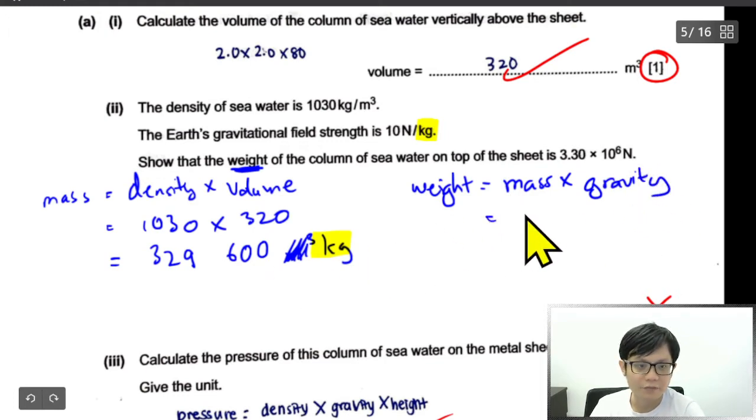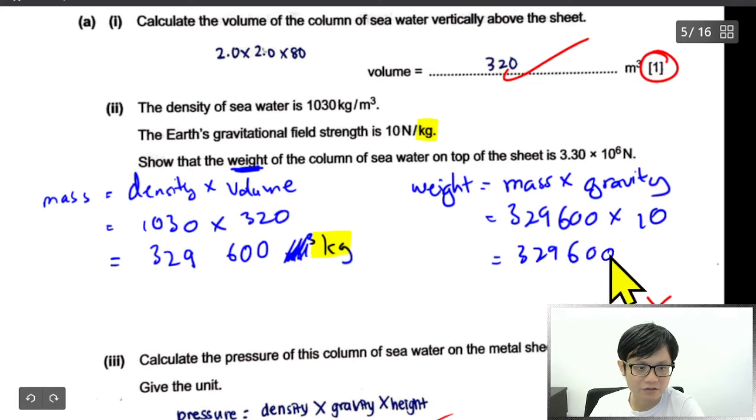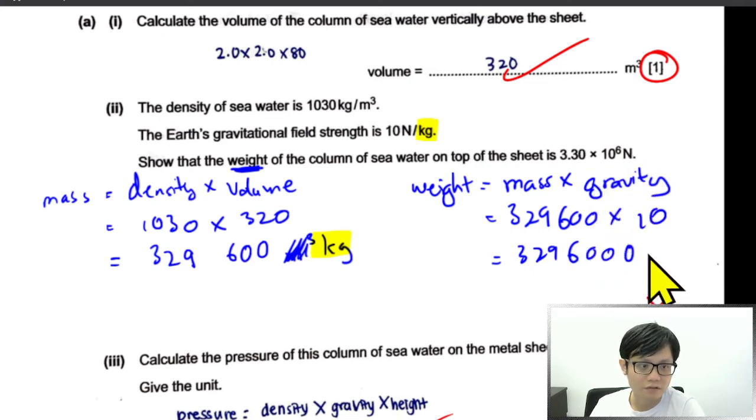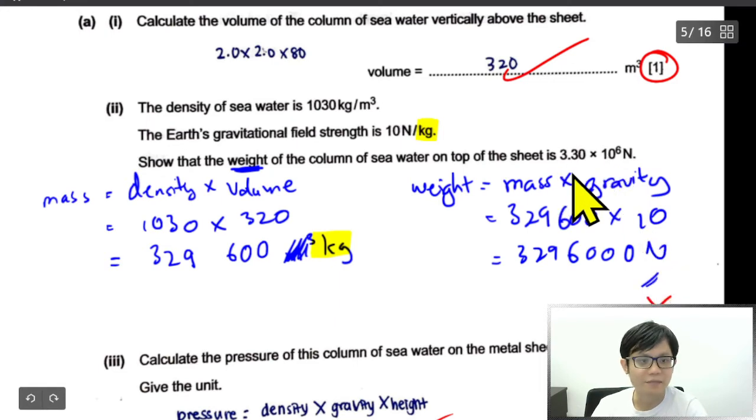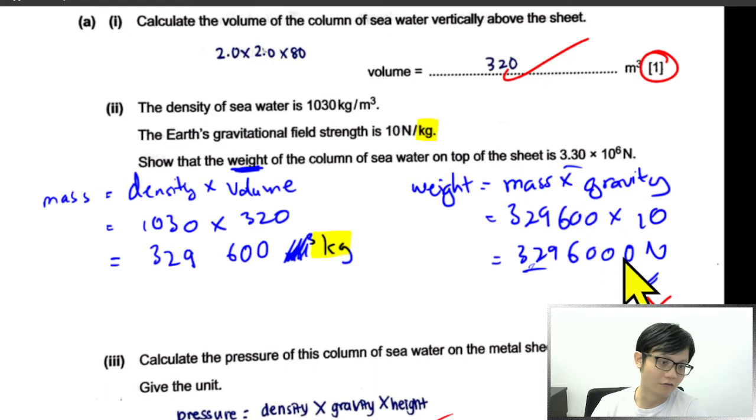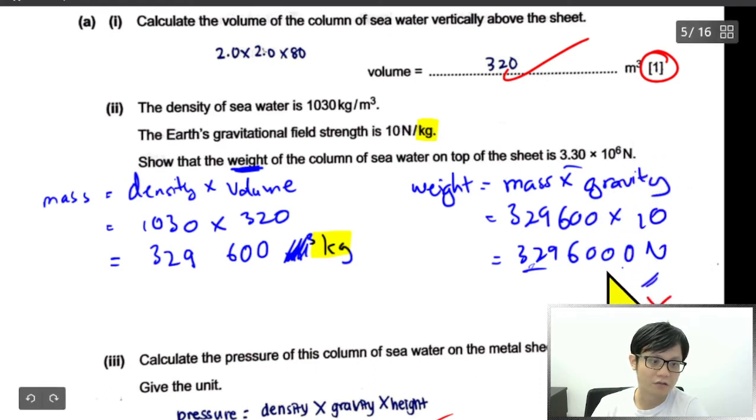So mass will be 329600 times gravity, which is 10. So you will get 3296000 Newton. Round it off, power of 6: 3.3 times 10 power of 6.